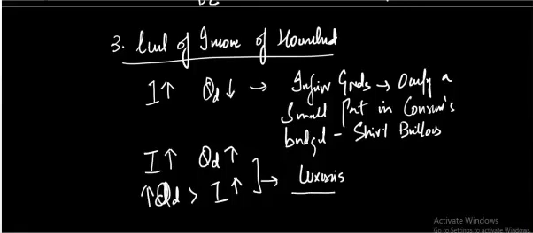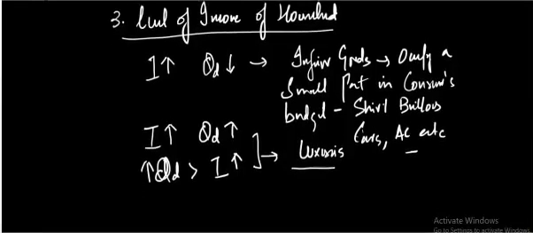And luxury, say for example cars, your ACs, etc. With a small increase in the income, the quantity demanded for these goods increases in larger proportions.